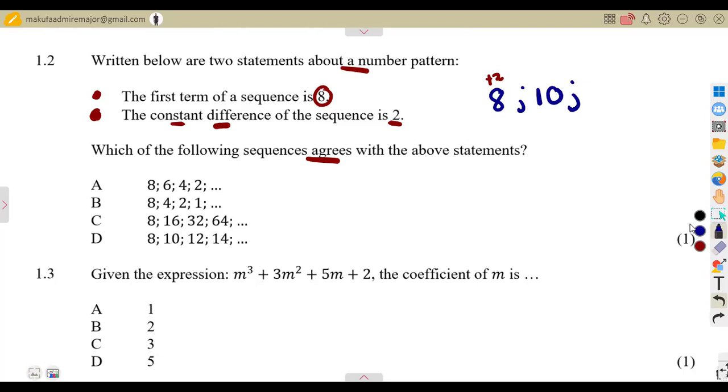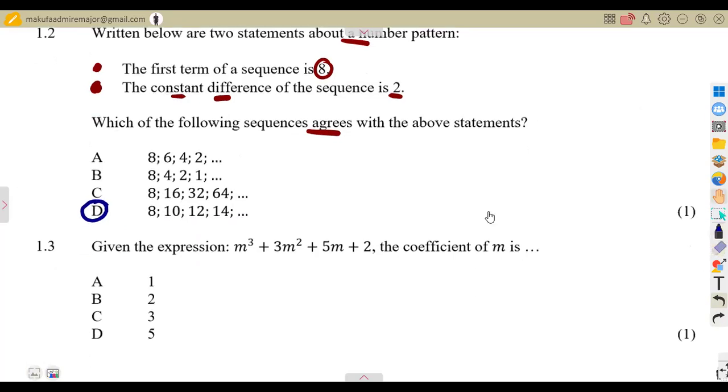You add a 2 again, which is the difference. 10 plus 2 is 12, and so on and so on. So if you check, the correct answer is on D, where we are given 8, 10, 12, and so on. You are adding a 2.